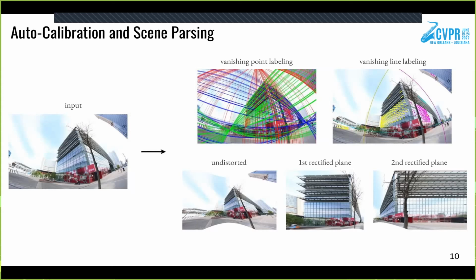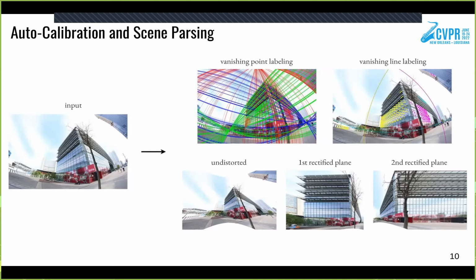This is very powerful also for scene parsing, because of the vanishing points and vanishing lines of the scene. In particular, three orthogonal ones if you have a Manhattan frame, which is the assumption used here. So that's what the labeling is. The vanishing point labeling is labeling the image parallel scene lines that are converging at the vanishing points, red, green, and blue.